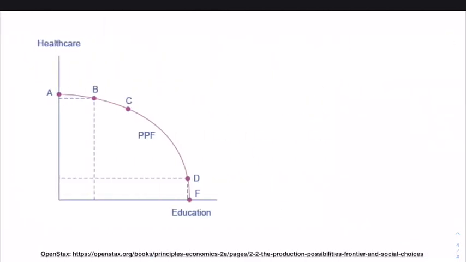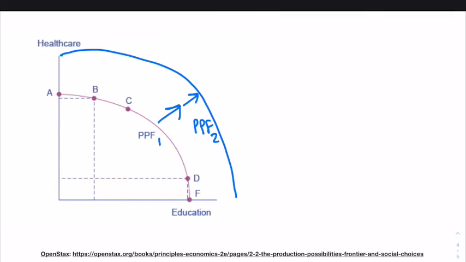Now, there is a way that we can get more of both, and that is by shifting this entire curve outward. So if this was PPF1, this would be PPF2. And this growth out here, the upward and right shifting, that is what we call economic growth.